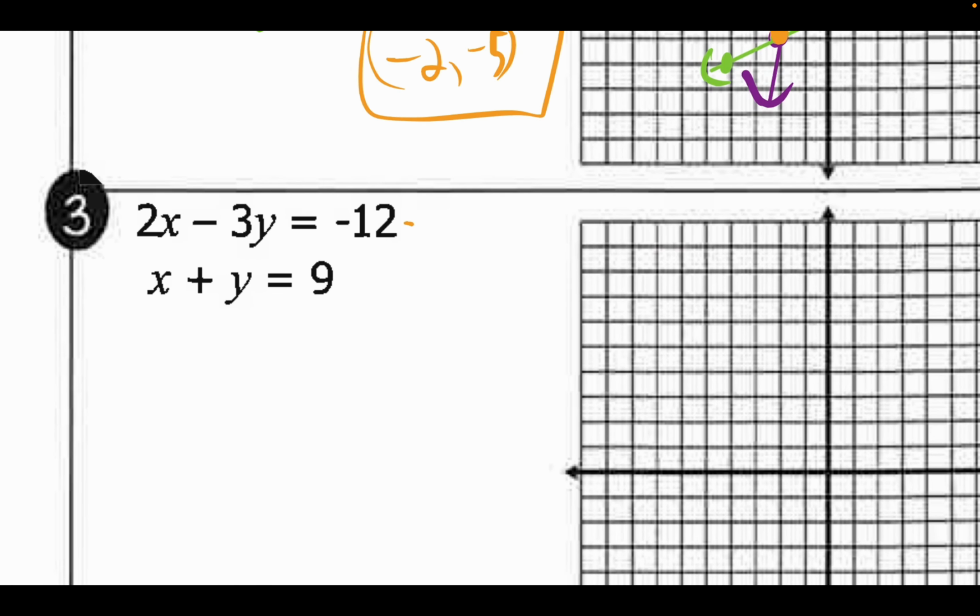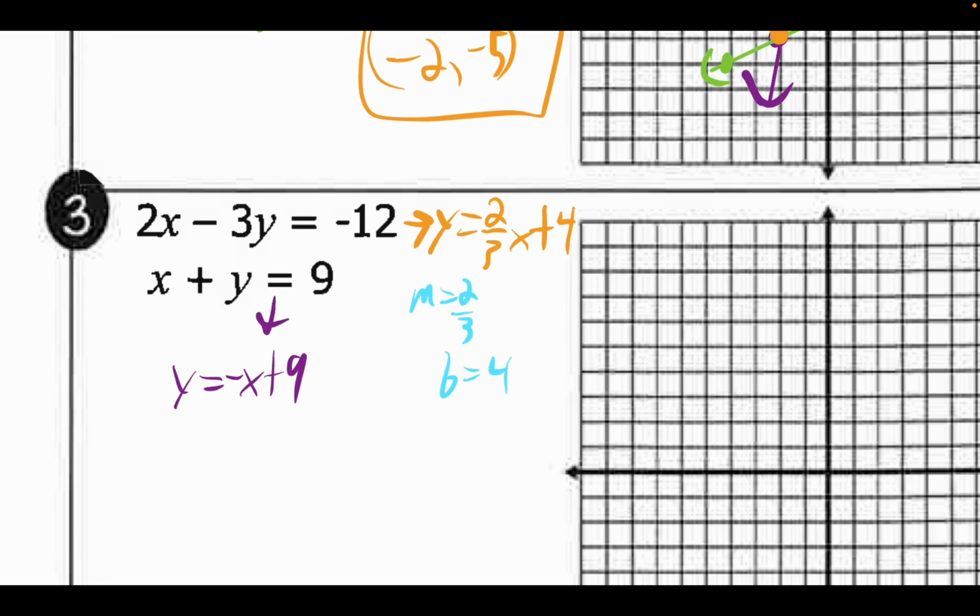Example 3, this top equation ends up becoming y equals 2/3 x plus 4. The bottom equation ends up equaling y equals negative x plus 9. Top equation has a slope of 2/3, y-intercept of 4. As I begin to graph that, we end up getting these points.